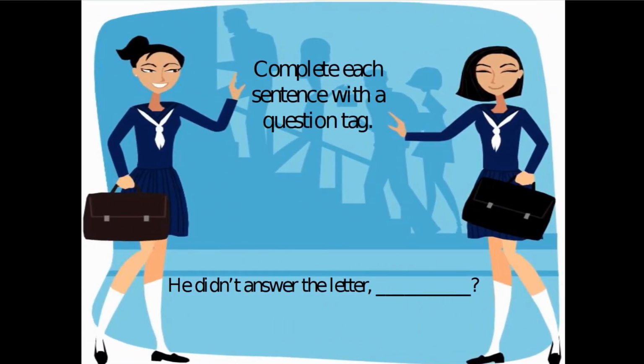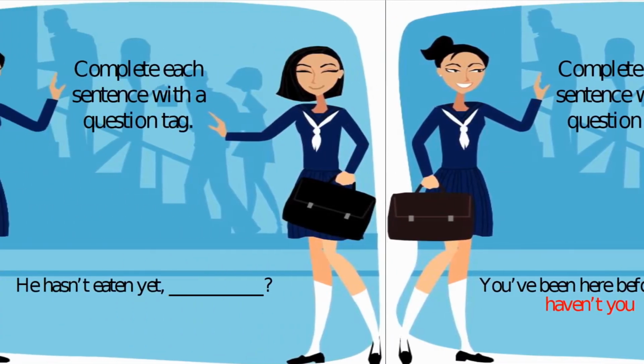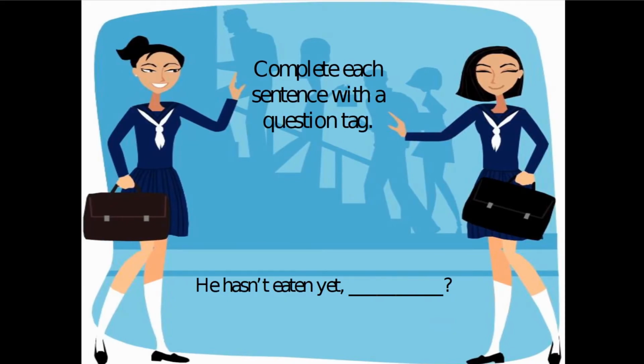He didn't answer the letter. He didn't answer the letter, did he? You've been here before. You've been here before, haven't you? He hasn't eaten yet. He hasn't eaten yet, has he?